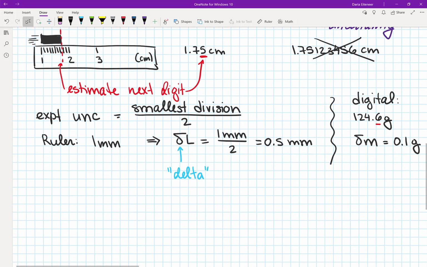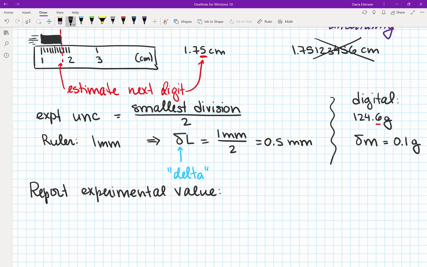Okay, so let's say I go back to my ruler here, my length of the little measured object. Now I need to somehow represent the measurement, right? So here's how I'm going to do this. I'm going to report the experimental value.